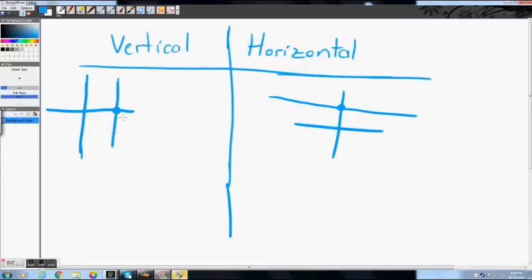A vertical line will cross through one x value, and it will have all y values. A horizontal line will go through all x values but only exists at one y value. So that should be a clue in determining what their functions will look like.